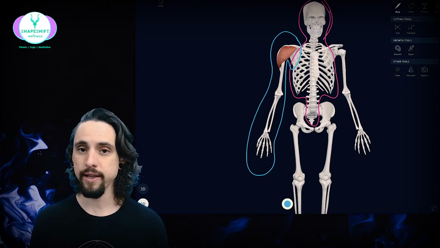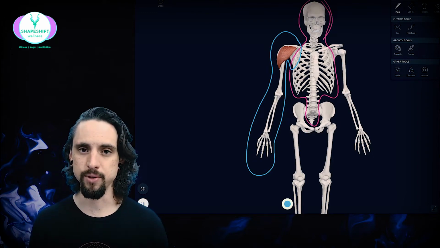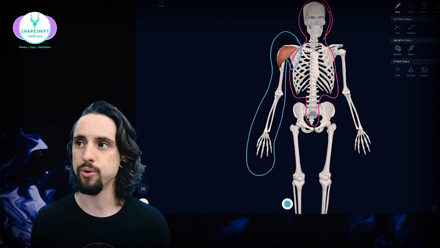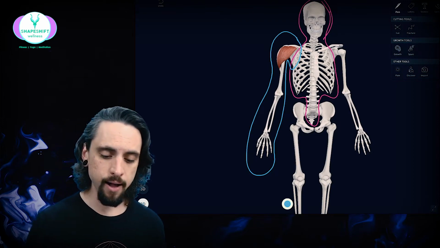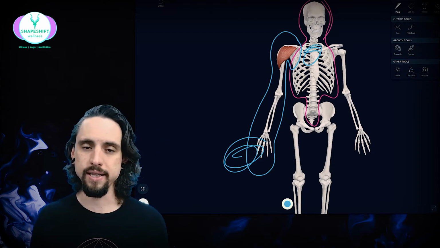Where your limbs connect with the more central part of your body, the axial skeleton, we have to be able to transmit force from the hands into the rest of the body.